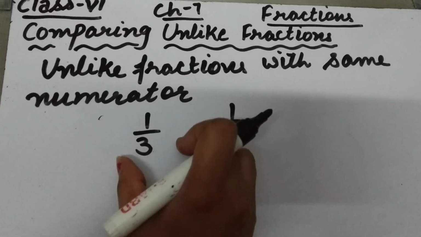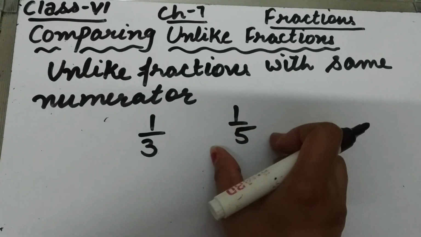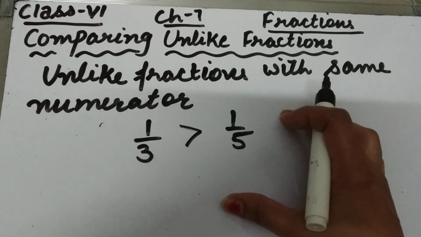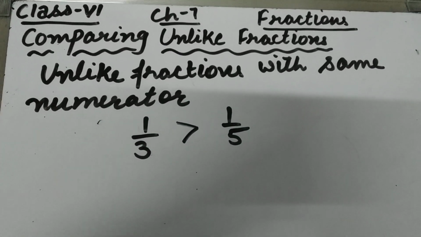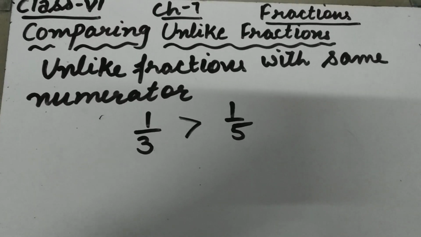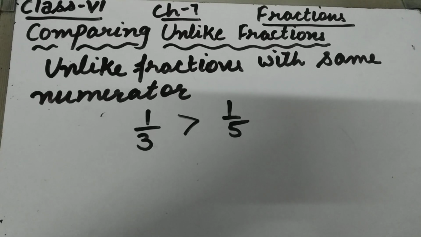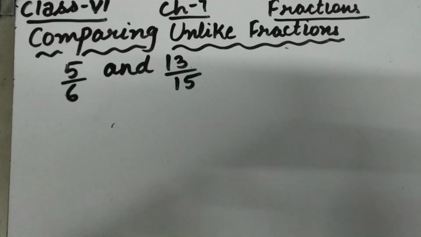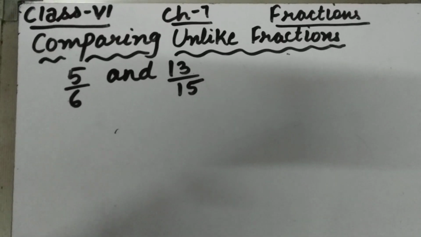Here 3 is smaller than 5. So 1 upon 3 will be greater than 1 upon 5 if the numerators are same. In case the unlike fractions have same numerator, the fraction with smaller denominator is greater than the fraction with greater denominator.